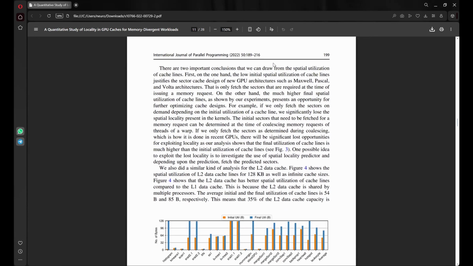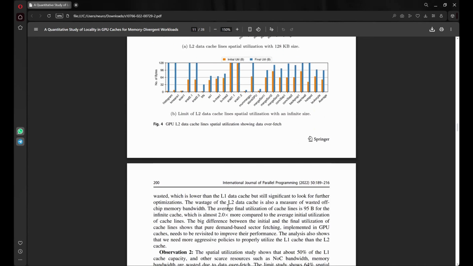The primary reason for seeing a lot better spatial utilization in L2 cache, even under normal conditions, is the fact that L2 cache is shared between all the SMs, which means that any thread from any of these SMs, from any of these warps, is free to access the data in the L2 cache if they need it.